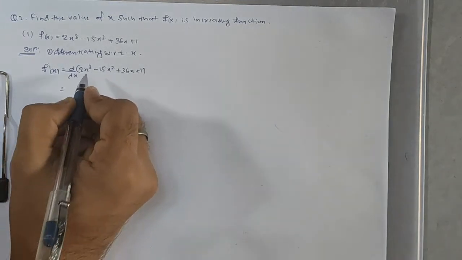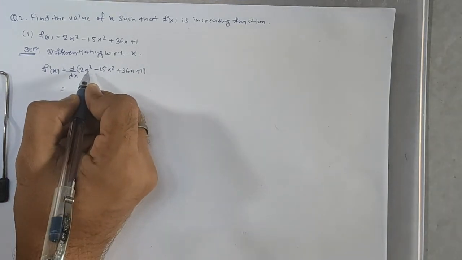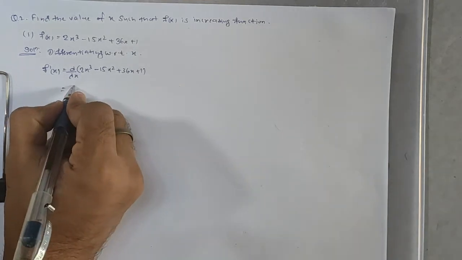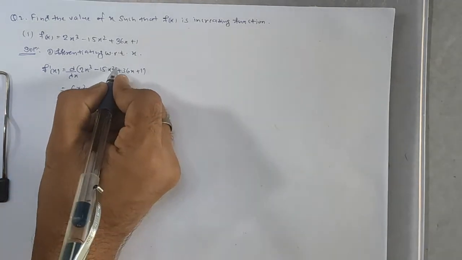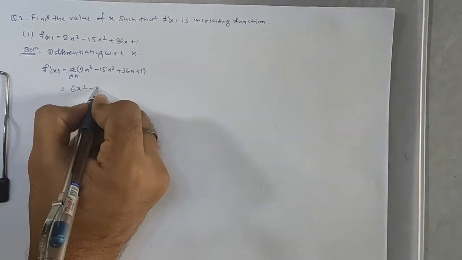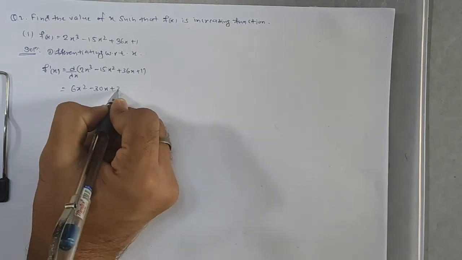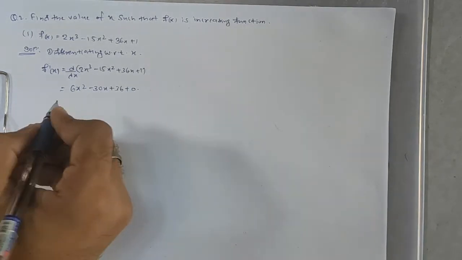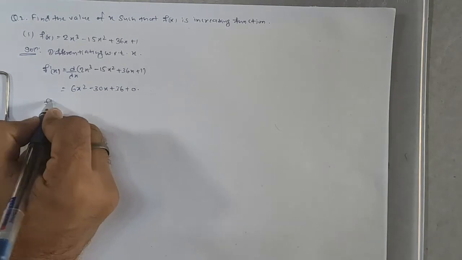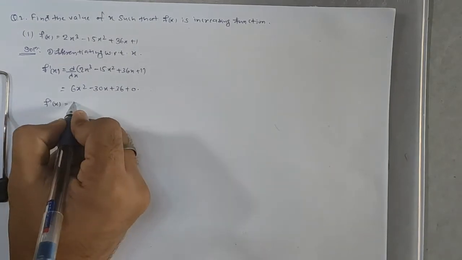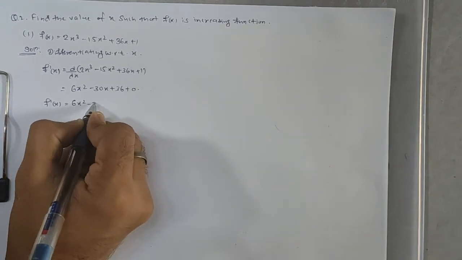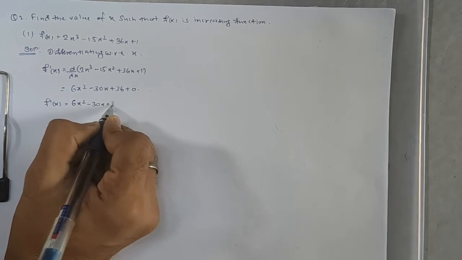The differentiation of x cube will be 3x square, so 3 into 2, 6x square. Now 15 into 2, 30x, plus 36 plus 0, since the differentiation of 1 will be 0. So f dash of x here is 6x square minus 30x plus 36.